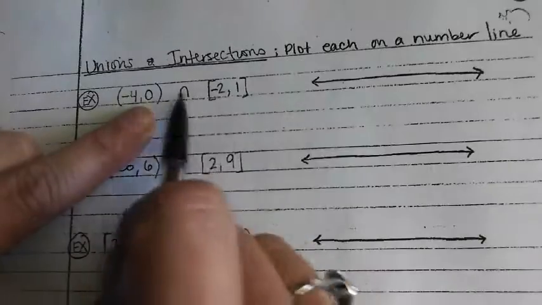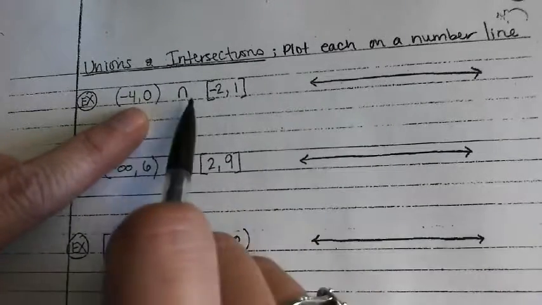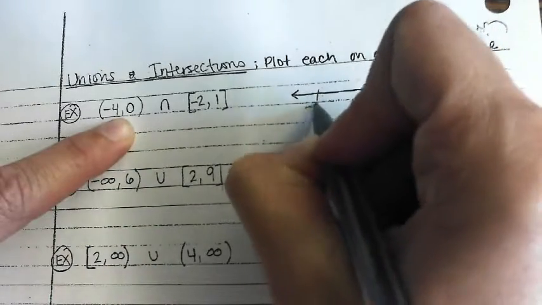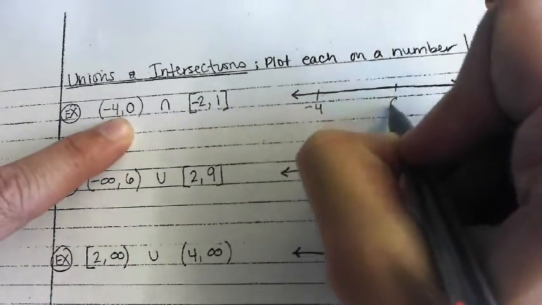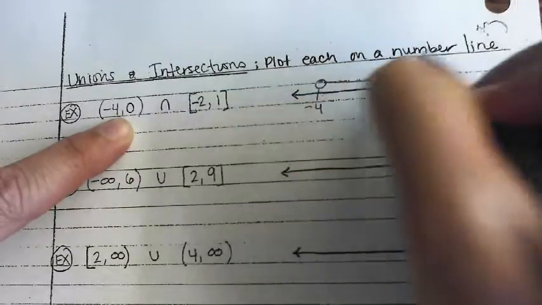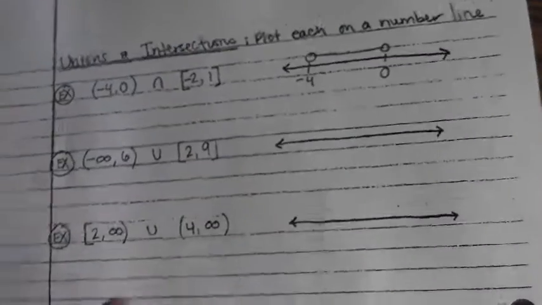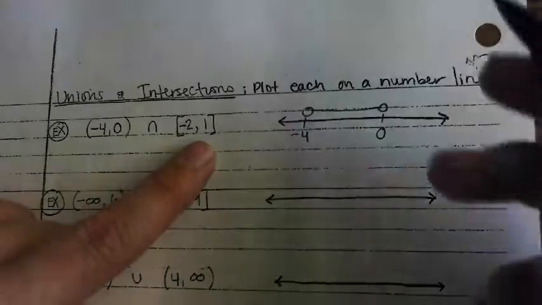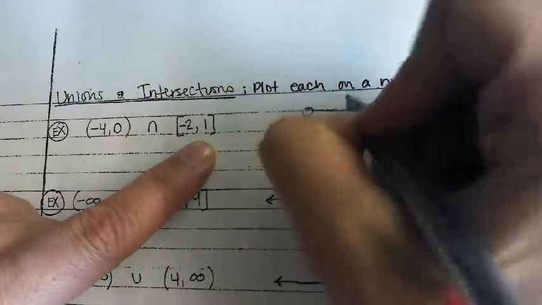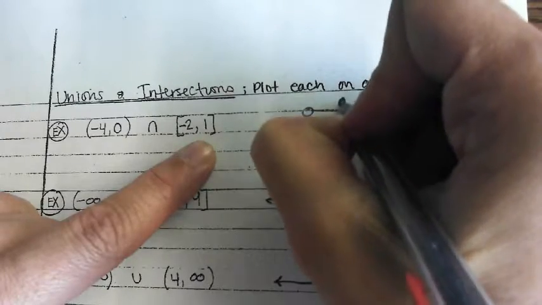So if I want to look for the solution set to this particular intersection, I have negative 4 up until 0, and both of those would be open circles. And I'm looking for the intersection with that, and from negative 2 up to 1. Both of those are included.